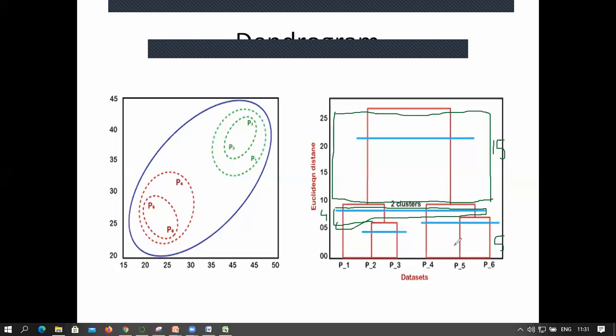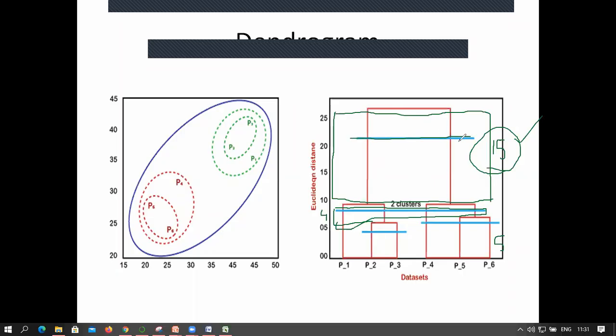Out of these three, you have to check which one is having the maximum length. Maximum length means maximum distance. Maximum distance this is having 15. So I will consider this rectangle, or in this case, the vertical lines that are having the maximum distance. Now what you have to check is how many lines the line that you have drawn is cutting.